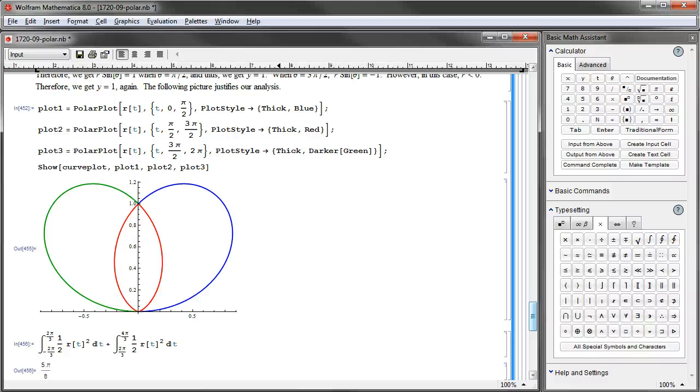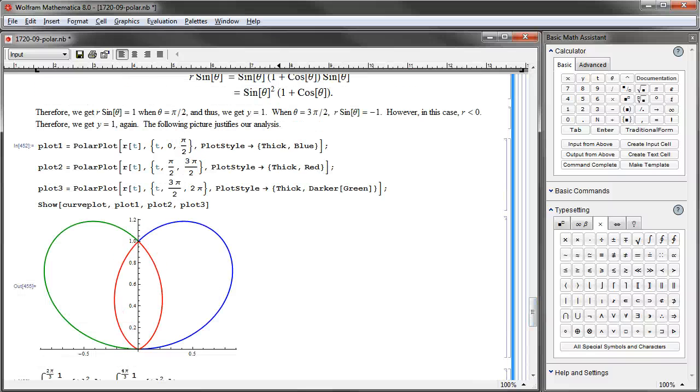Just calculate 0 to 2 pi for the blue, inside blue, and then 2 pi to pi to get inside red. Subtract one from the other. Then we have the right-hand side here, the region between blue and red. And if you simply double it, then you're going to get the area you're looking for.